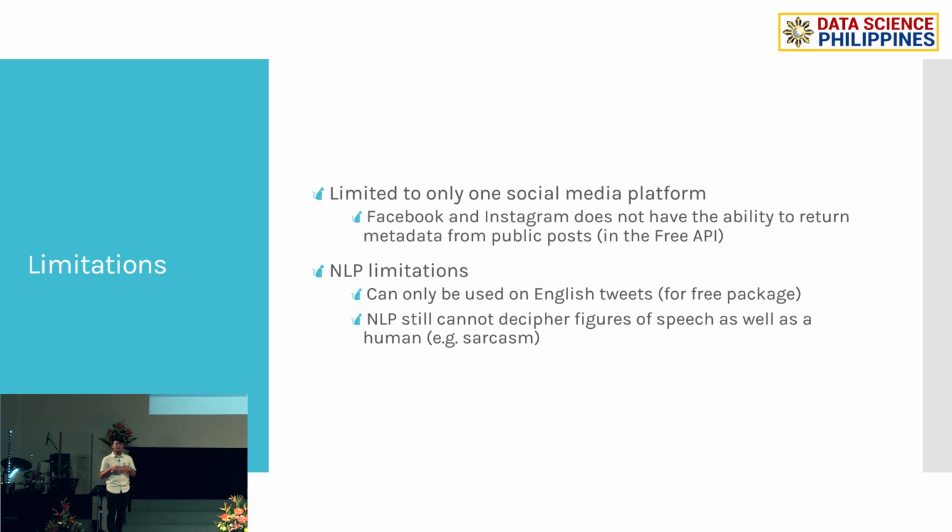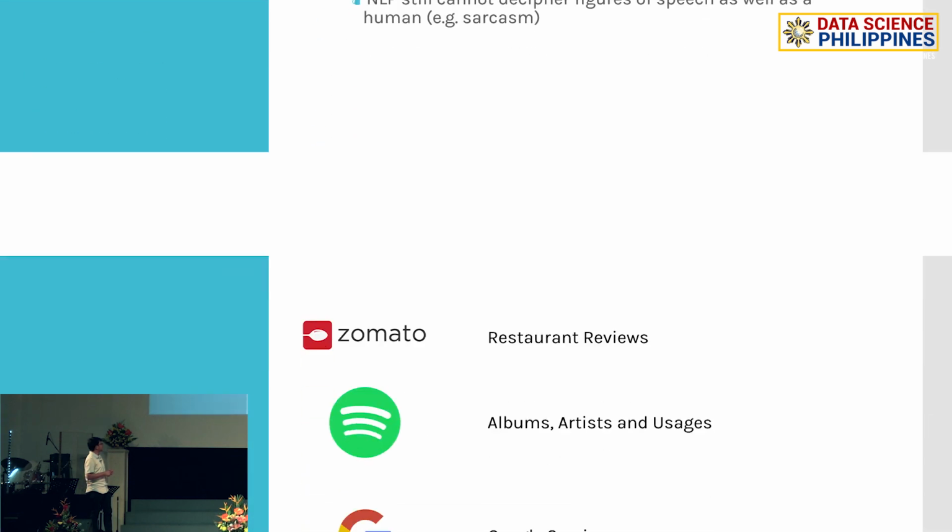Right? We like to be sarcastic about how we insult people. That includes Shangri-La. So a lot of the tweets were actually sarcastic, and the sentiment that the NLP package returned was incorrect. But I just wanted to show that it is possible to do a sentiment analysis using a free package, right?